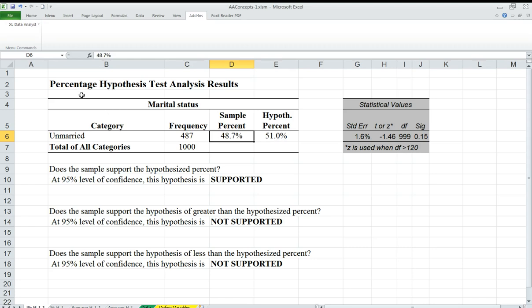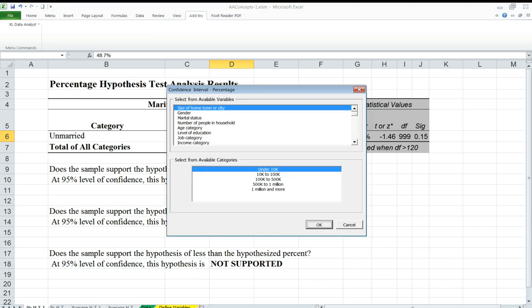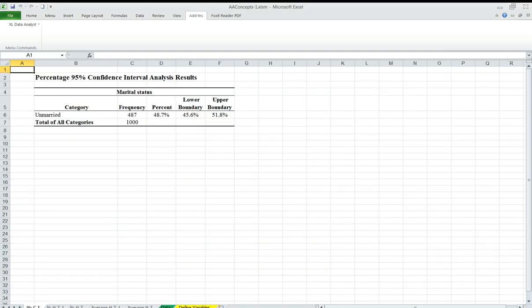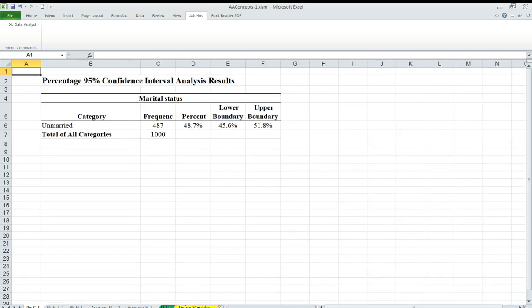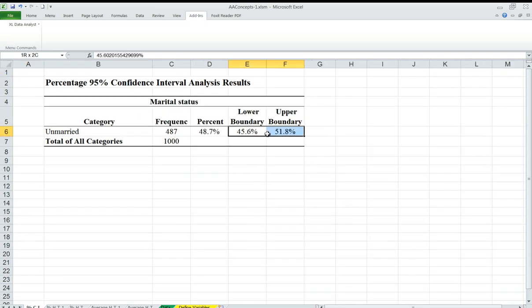Here is one demonstration quickly. Let's calculate the confidence interval for the proportion of unmarried people. And as expected, 51 is within the confidence interval.